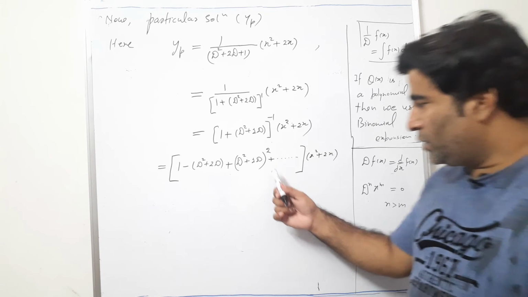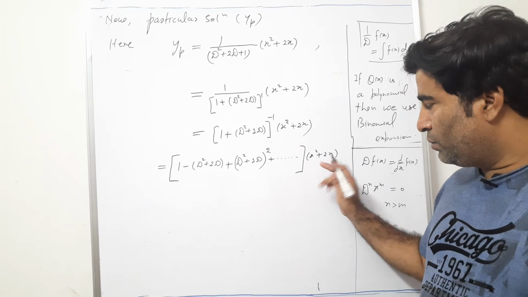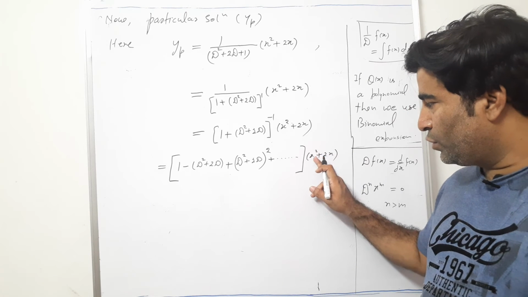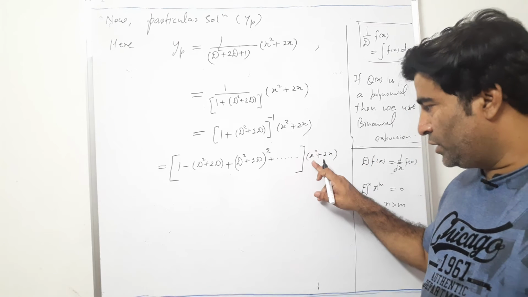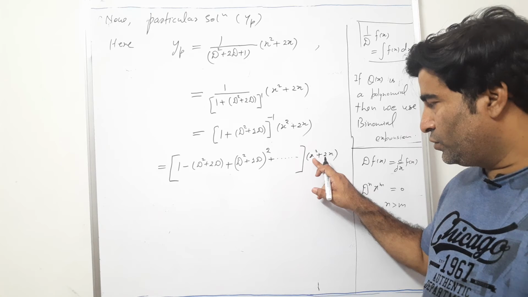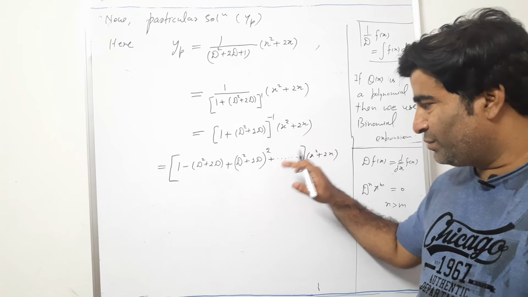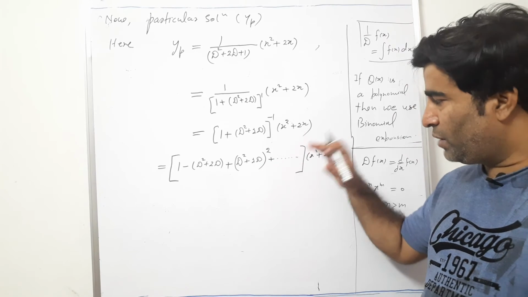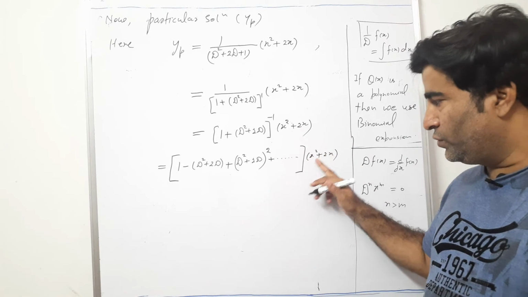So here the degree of the polynomial is 2, so the next terms contain a power of D greater than 2.